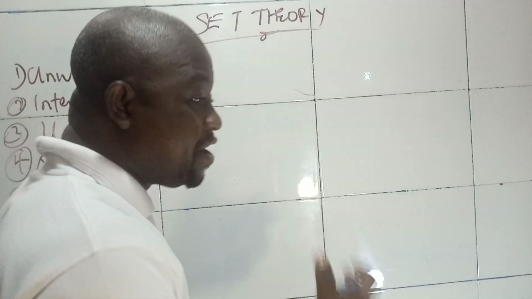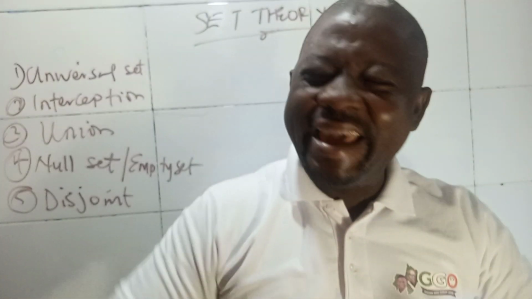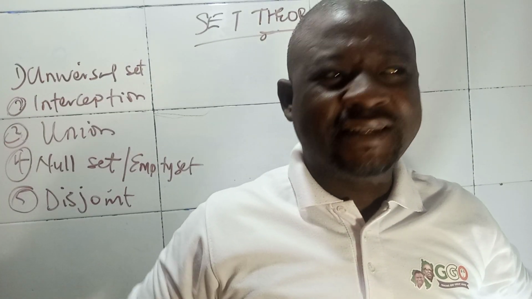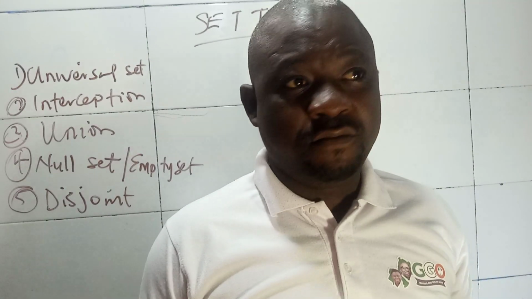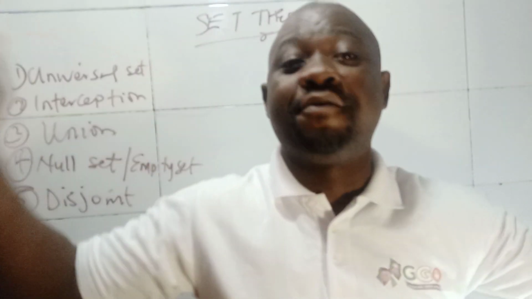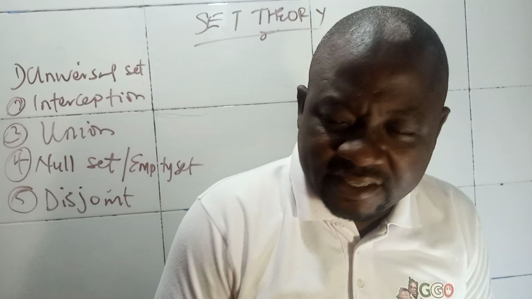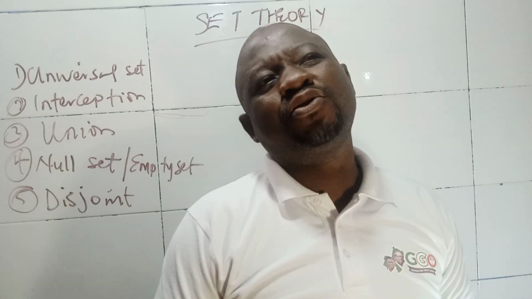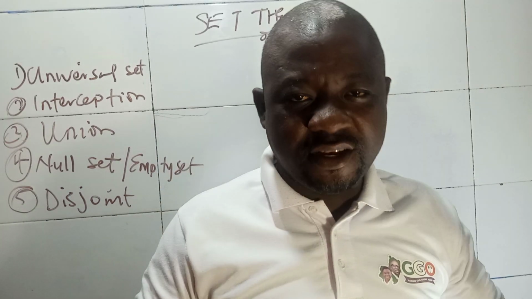When you say universal set, from the word universal, universal means everything. It has everything. Just like water is universal, air is universal, meaning water can be found everywhere, air can be found everywhere. That's the meaning of universal. Set is talking about a collection of elements.